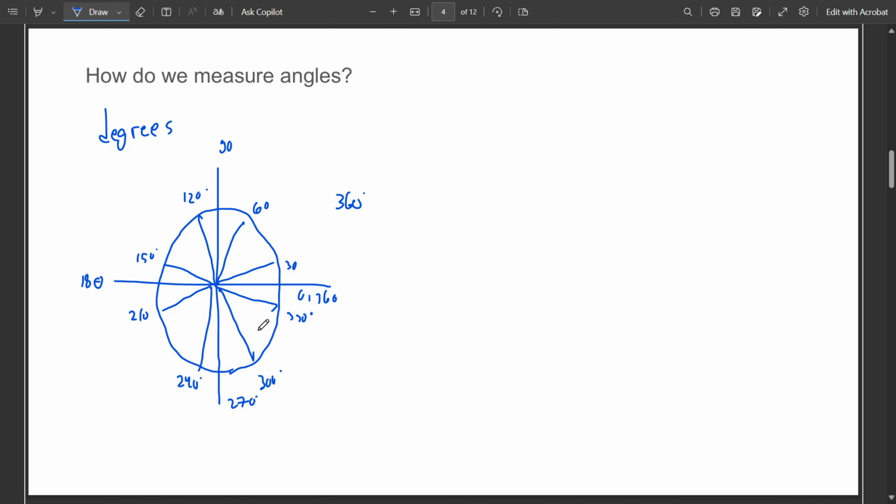And then we want to make it in halves, so we have 45 degrees, and we have our 135 degrees, and our 225 degrees, and our 315 degrees. Okay, so these are the special angles in trigonometry.